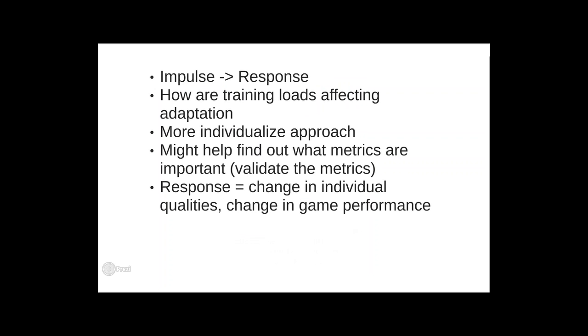So with the previous case, the training stress balance, we are just quantifying the training load, and we are choosing different rolling windows. As I said, it could be 4 days, it could be 14 days for acute, and it could be something longer for chronic.